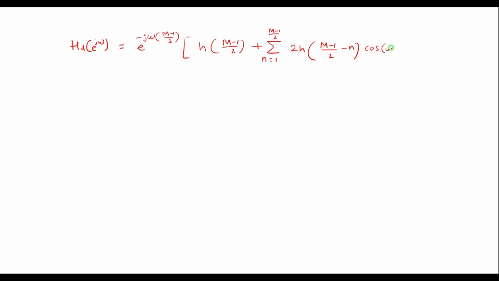We have hd of e power j omega is equal to e power minus j omega times m minus 1 by 2, in bracket we have h of m minus 1 by 2 plus summation n is equal to 1 to m minus 1 by 2 of 2 h of m minus 1 by 2 minus n cos omega n.